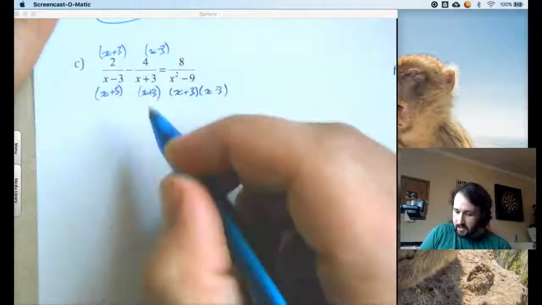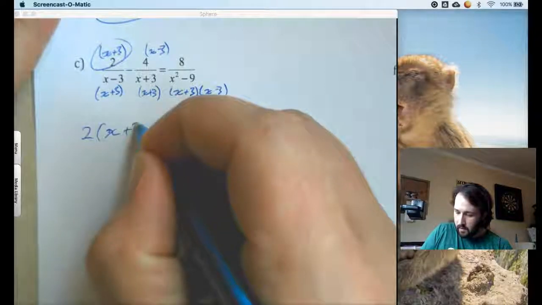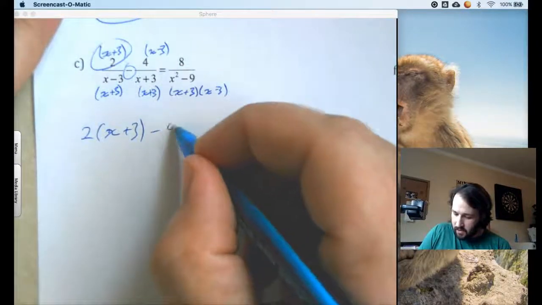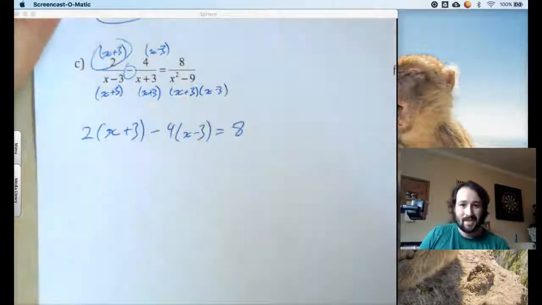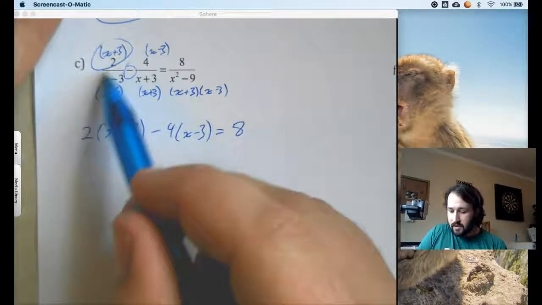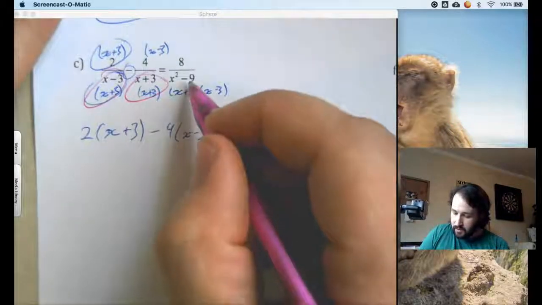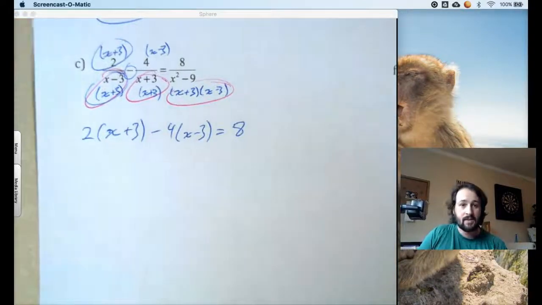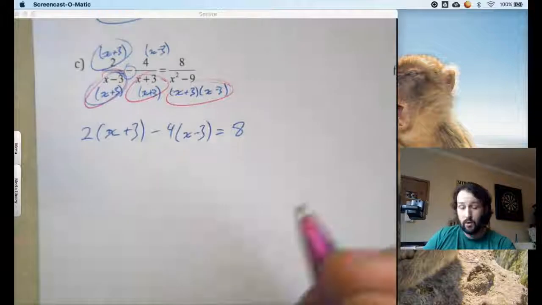So what that says, 2 times x plus 3, and then minus 4 times x minus 3 is equal to that numerator, which is 8. Again, since all the denominators are x plus 3, x minus 3, I can take the entire numerators and set them equal to each other. It has to be true for that to be working.